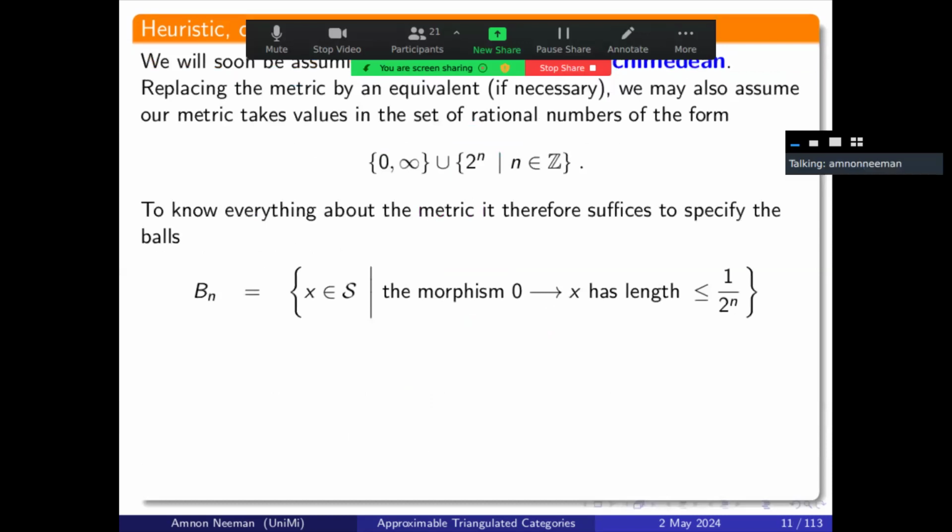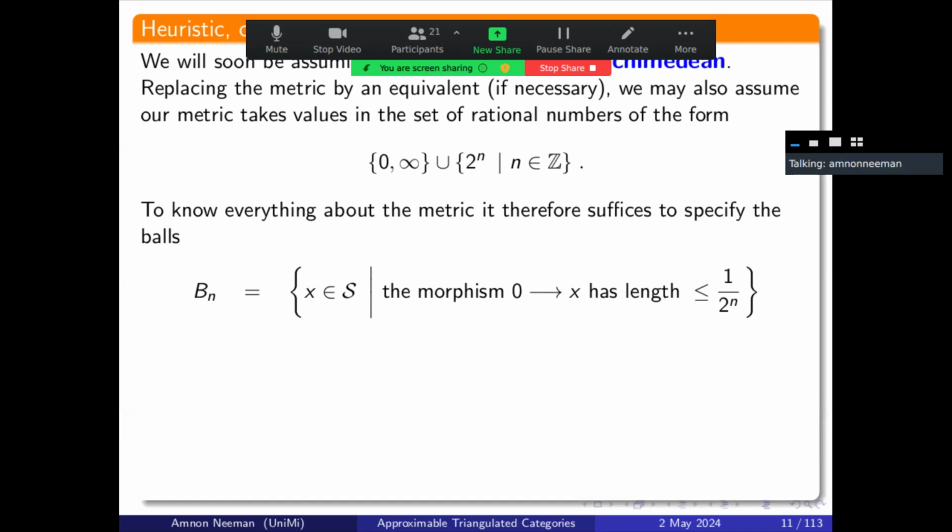I will soon assume that all my metrics are non-Archimedean. Up to replacing a metric by an equivalent one, I can assume that the values of the metric are all powers of 2. I allow 0 and infinity to be powers of 2, 2 to the minus infinity and 2 to the plus infinity.